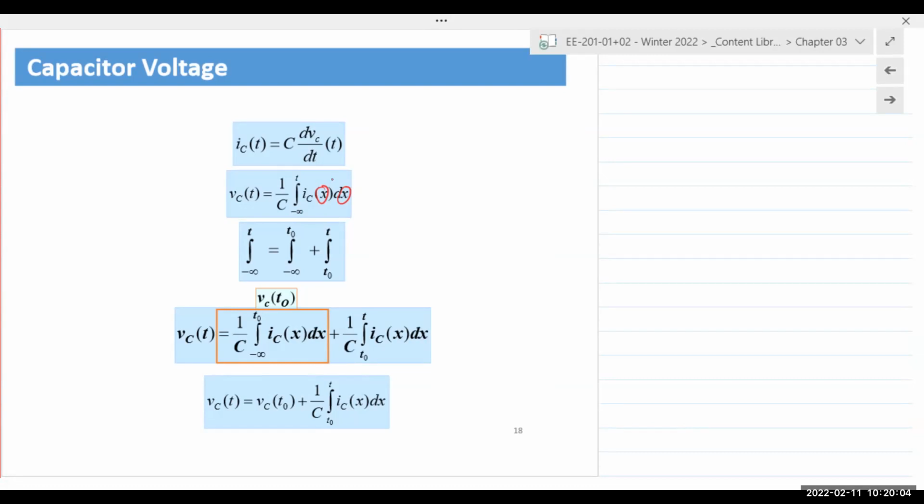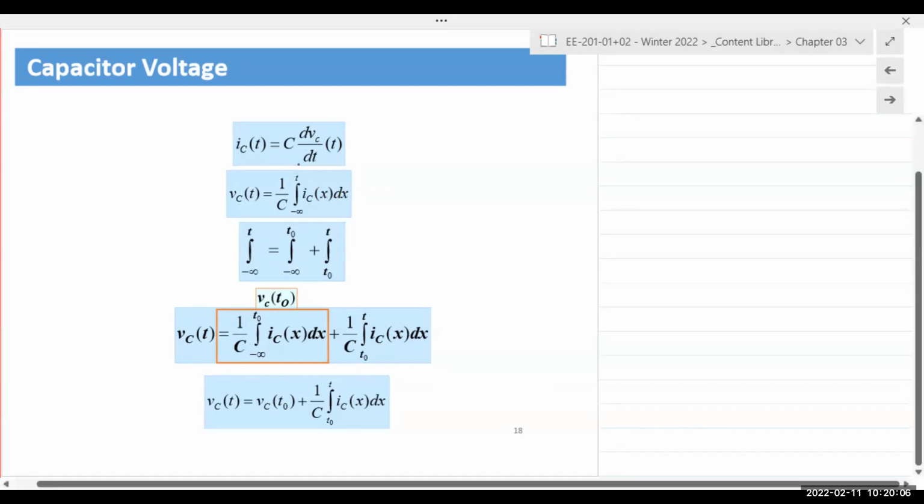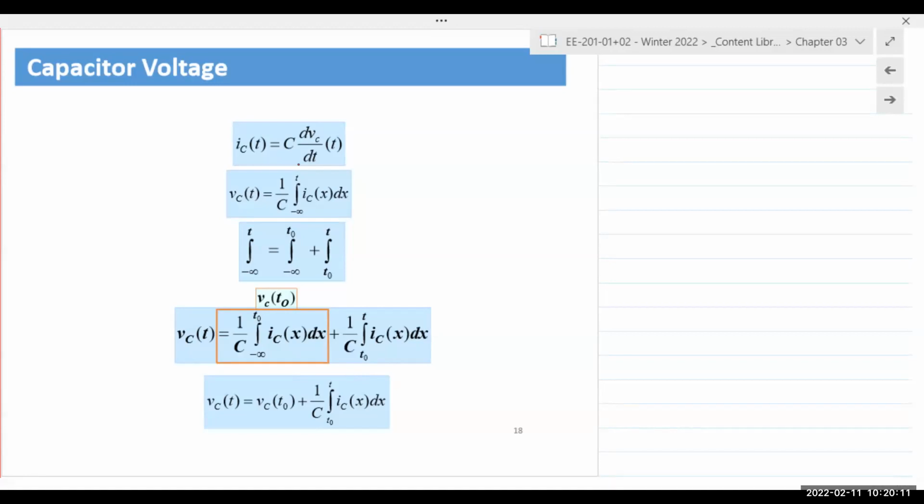Okay, so having said that, this is again exact same equation as what we had for the inductor. Since we are breaking it up into slices and we're summing up everything, we need a starting point and an end point. And that basically is represented by the limits of the integral, minus infinity to t. The reason it's t is because we will first solve for the voltage or current as a function of time as t.